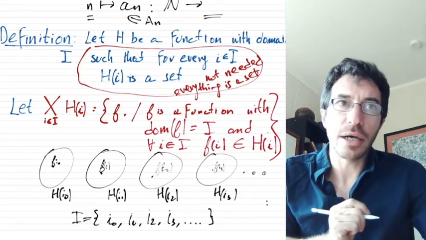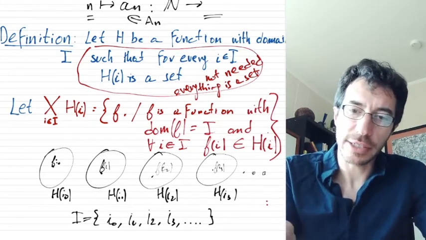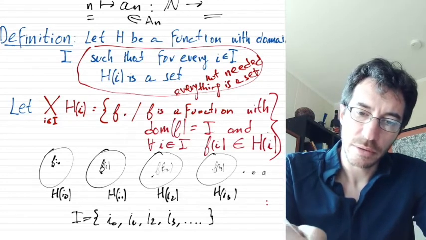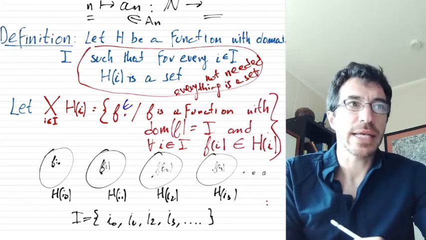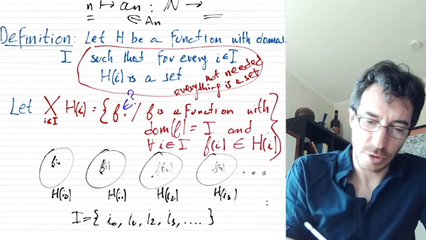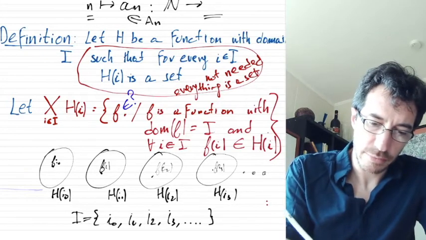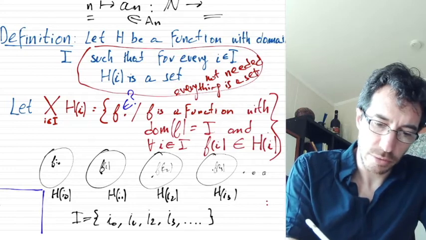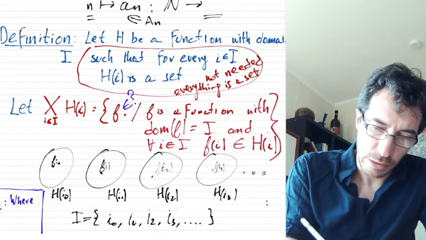What do we need? We need to get this guy inside somewhere, right? If you want to apply the subset axiom. So let's put this aside. Question: where is this coming from?